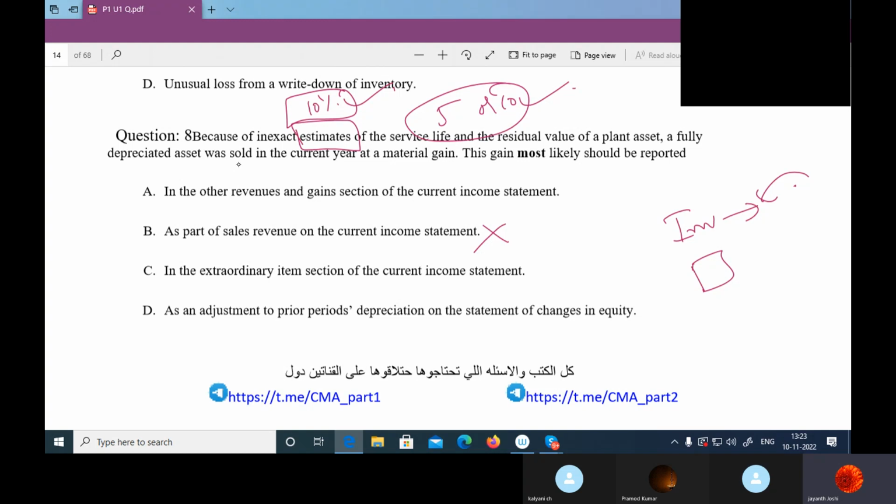Is it not other revenues and gains? It's not OCI. See, you are doing US GAAP. Under US GAAP, when you sell some asset and you get the money in your hands, it's realizable income. How will it go in OCI? It won't go under OCI, correct? That's what you will write in the other income section.